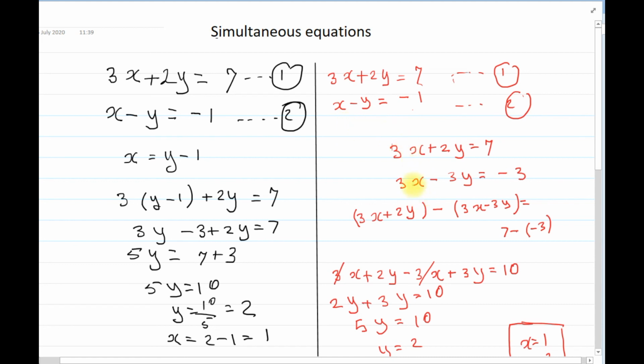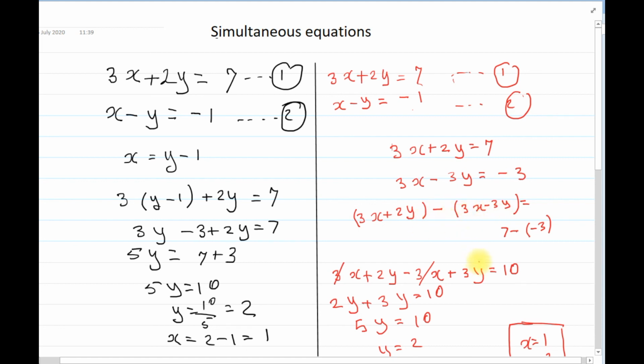So the way we've done it, we systematically write the first equation, 3x plus 2y is equal to 7. We multiply every term in the second equation by 3, which means I get 3x minus 3y is equal to minus 3. Then I subtract the lower equation from the top equation. I've done it here in bracketed form so that it's clear.